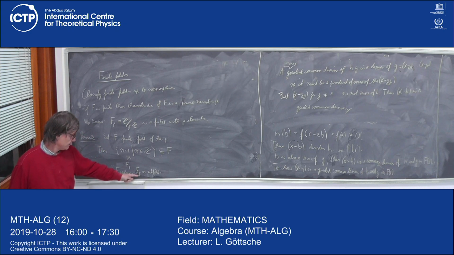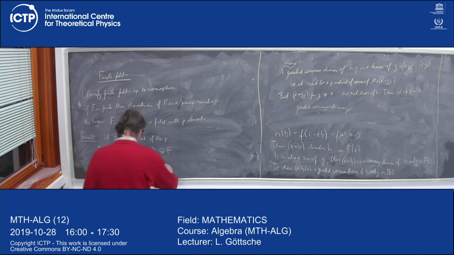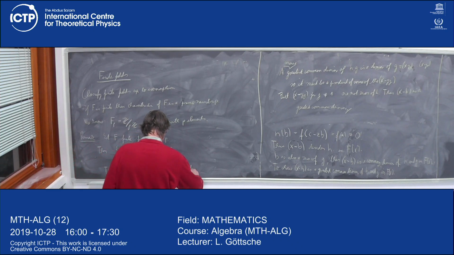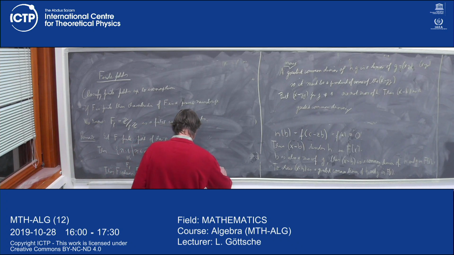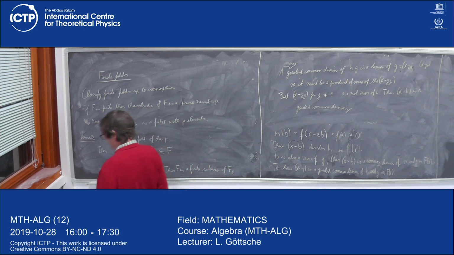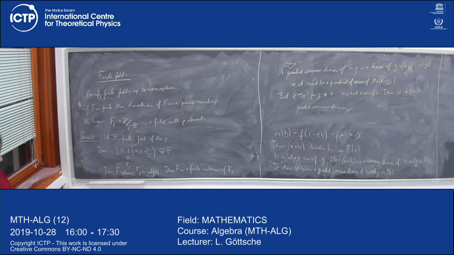So F is a finite extension of Fp. In particular, it's a finite dimensional vector space over Fp. So if the degree of the field extension is n, the number of elements is p to the n.